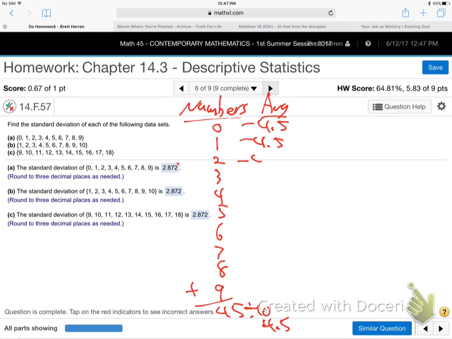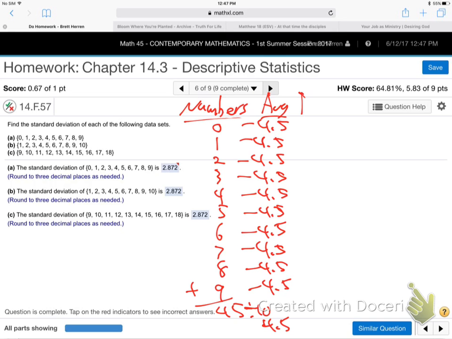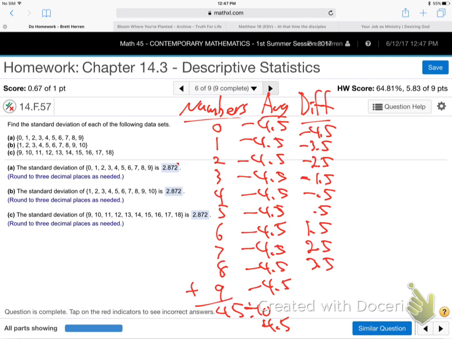This is why it's best just to have your calculator, and be able to do it with the buttons. This gets pretty tedious. All right, the differences are minus 4.5, minus 3.5, minus 2.5, minus 1.5, minus 0.5, positive 0.5, 1.5, 2.5, 3.5, 4.5, and then the difference squared.